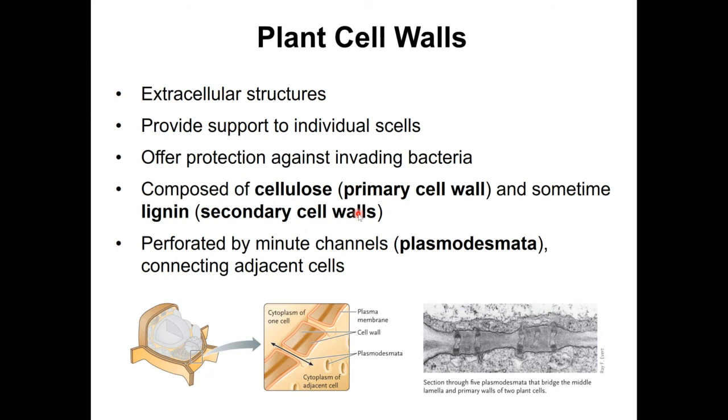Cell walls containing cellulose only are referred to as primary cell walls. Some others, about 30% of cell types in plants, do contain also a second component, which is lignin, a polymer of different molecules, which makes the cell wall even stronger.